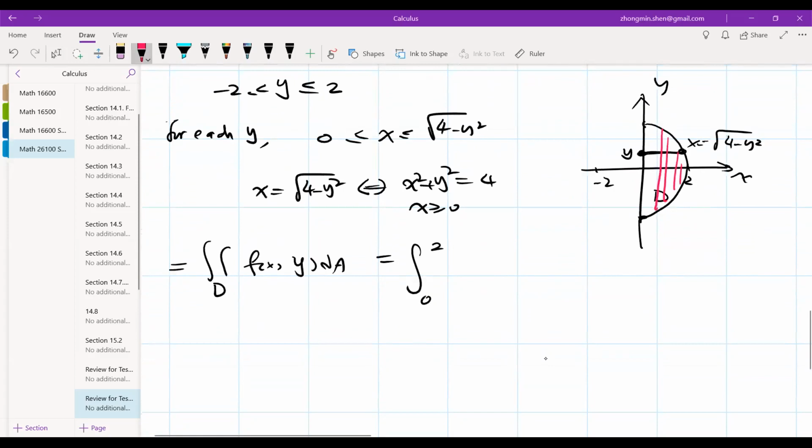For each x, you have to determine the range of y values for the vertical line. So here's f of x, dy. If we solve it for each x, y is going to be plus or minus the square root of 4 minus x squared.